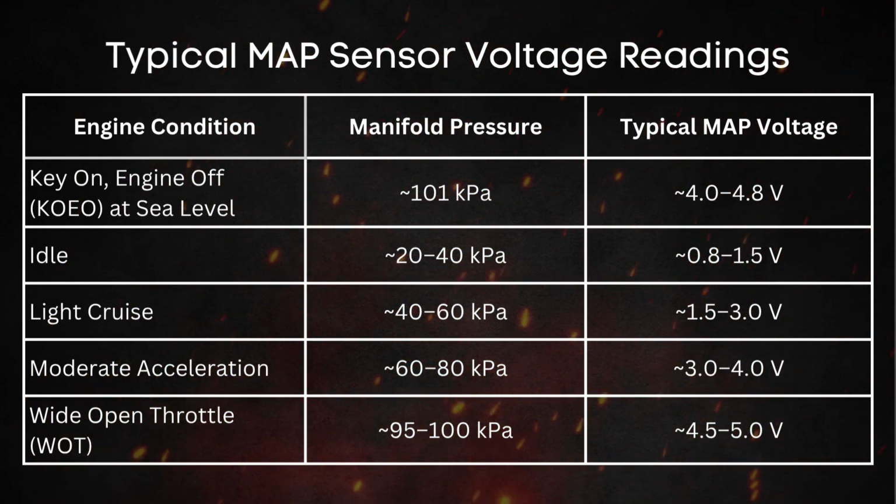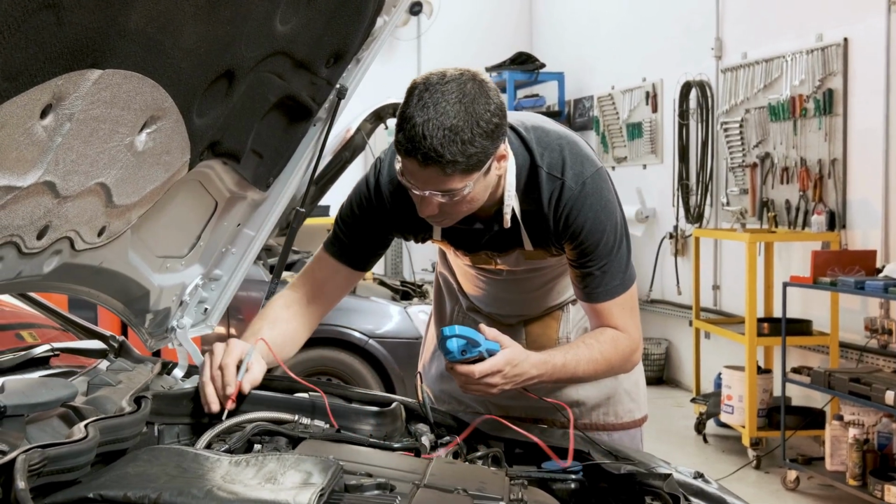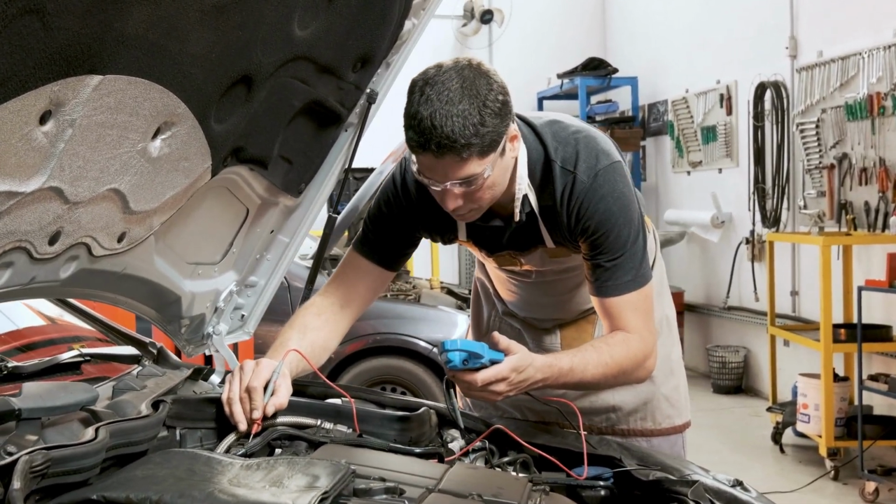If the sensor voltage becomes stuck too high, stuck too low, falls outside the expected range, or simply doesn't change with engine load, the ECM recognizes that something is wrong with the MAP sensor circuit and triggers the P0105 trouble code.